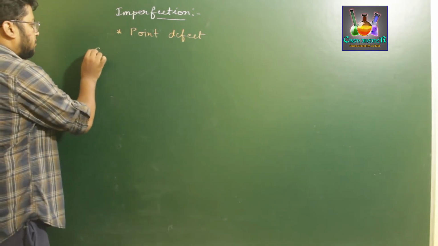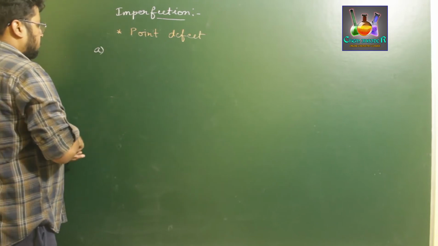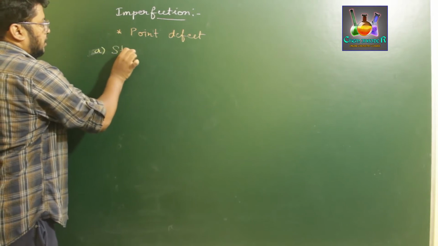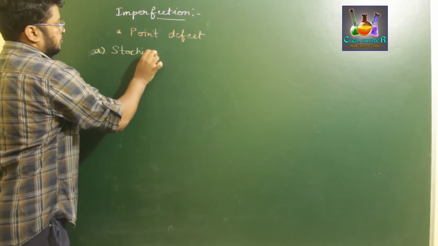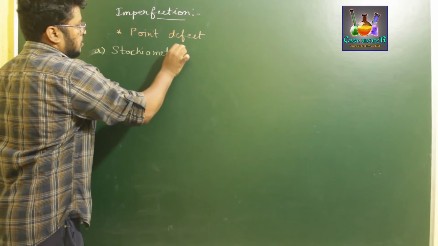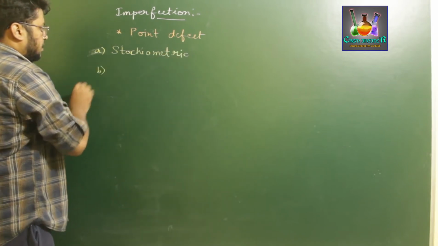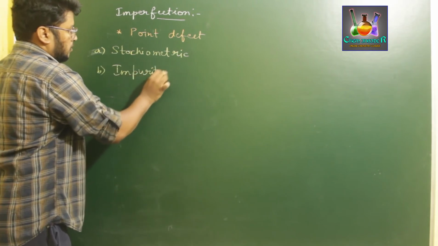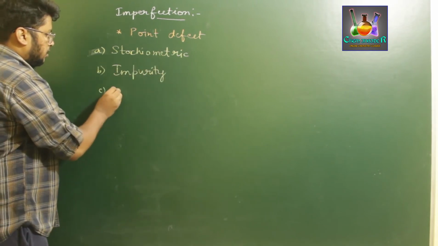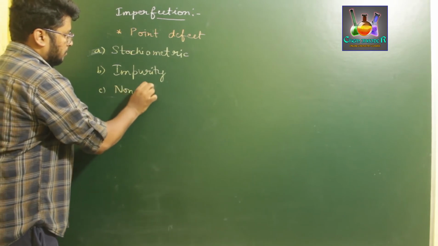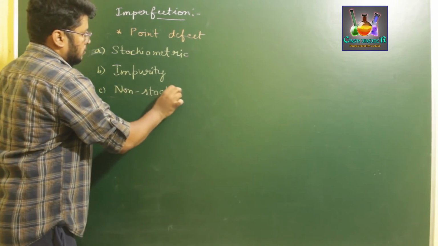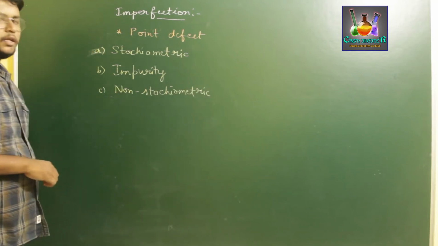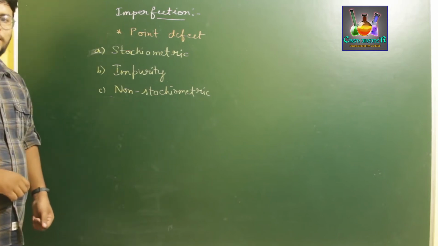The first one is stoichiometric defect, the second one is impurity defect, and the third one is non-stoichiometric defect.